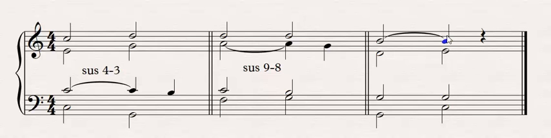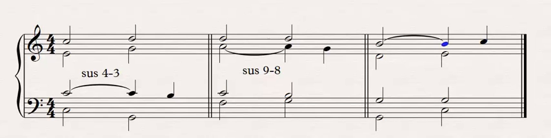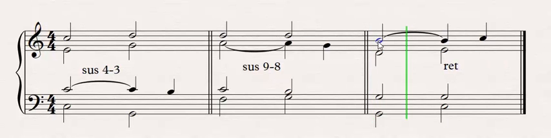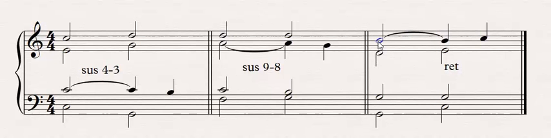The retardation again is an accented non-harmonic tone, and then it resolves up by step, and we would just mark that as ret. And that's really it for retardations. They're a little bit simpler than suspensions.